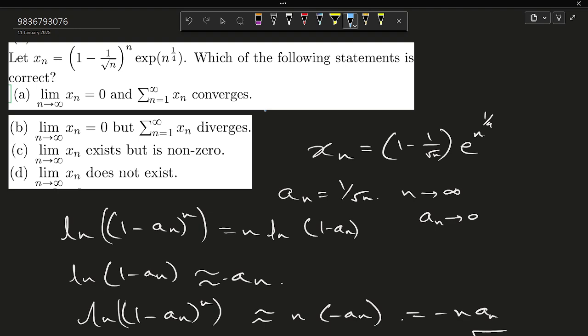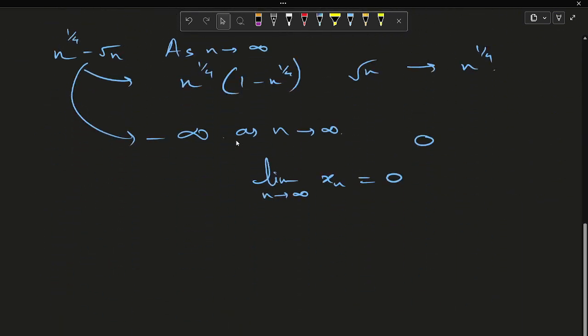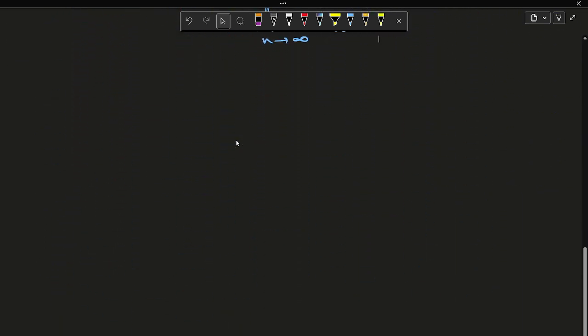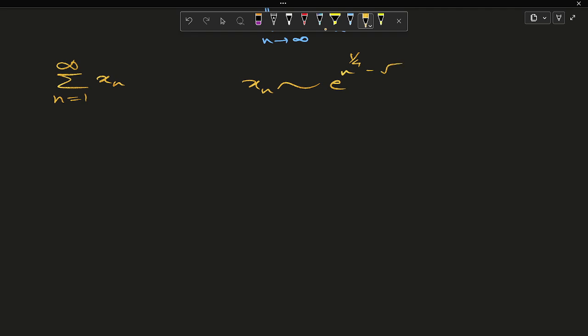Now we have to find the convergence or divergence of the series. Our limit is 0, so now we think about the summation of xn. The approximated value of xn is e to the power n to the power 1 by 4 minus root n, and the sequence xn approaches 0 very rapidly, exponentially fast.